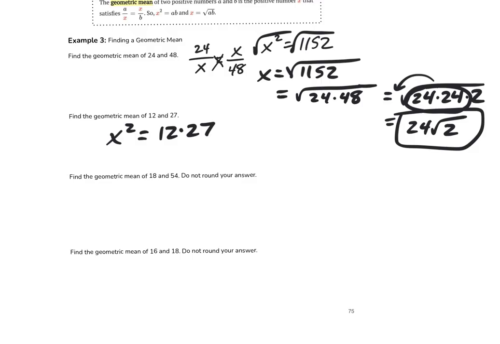Same thing as I did here. x times x is x squared. These are the two numbers that are multiplied together. And then I'm going to take the square root of both sides.